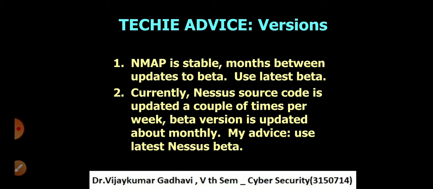Now the advice is to use the latest Nessus beta. This is a common advice to all when we use multiple applications on your device. You can always update the version; the update needs to be done from your side.